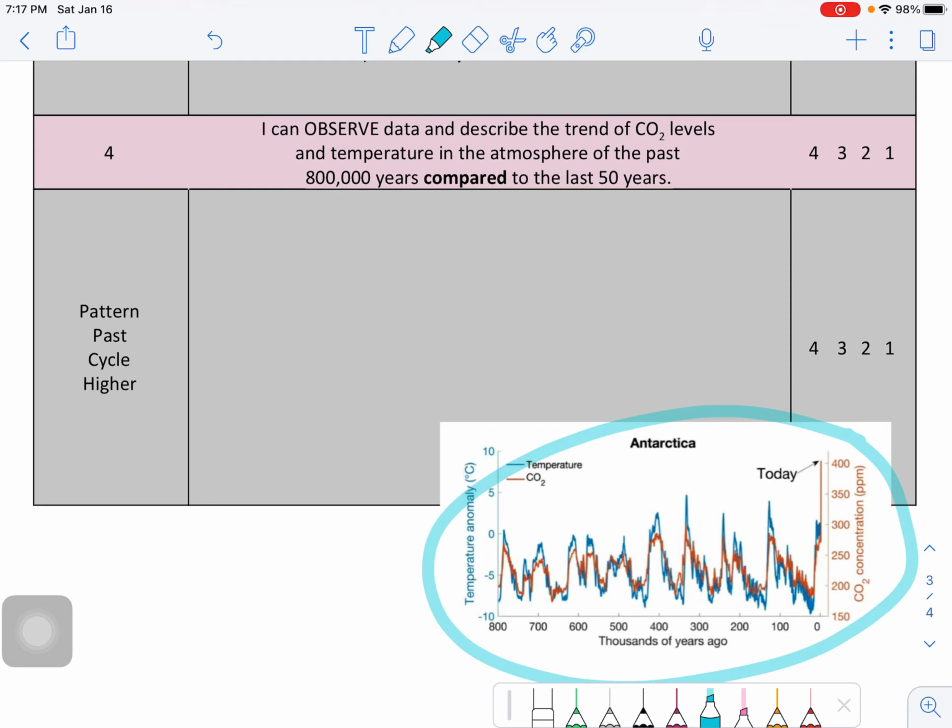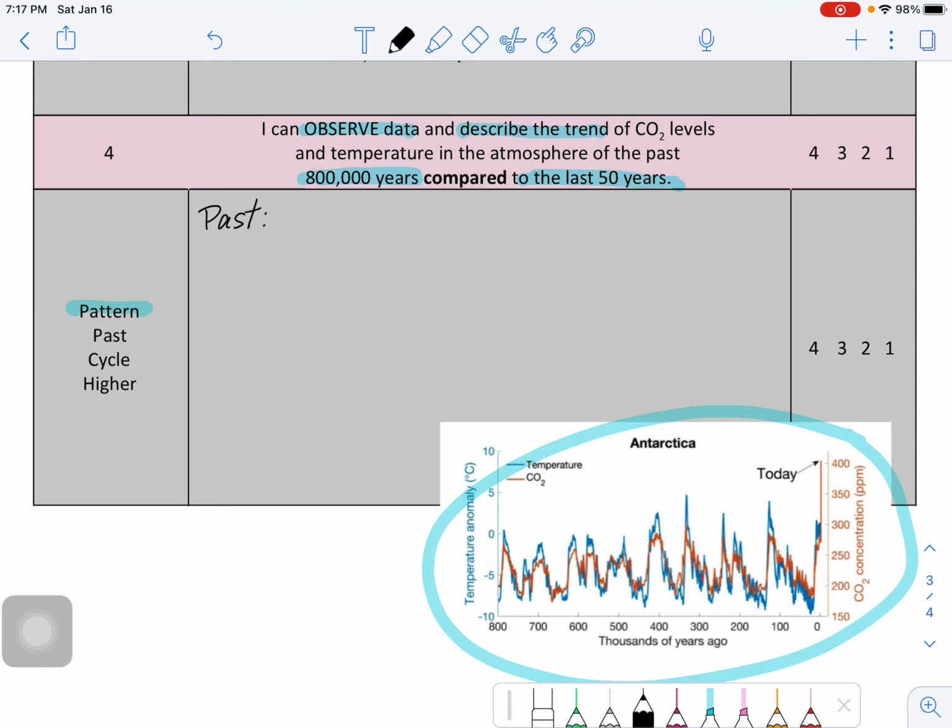But we are wanting to look at what the data says here and describe the trend or the pattern, right, of CO2, both CO2 and temperature from the past to now. So we want to make sure we give both, okay? So again, you could separate this into two parts, right?